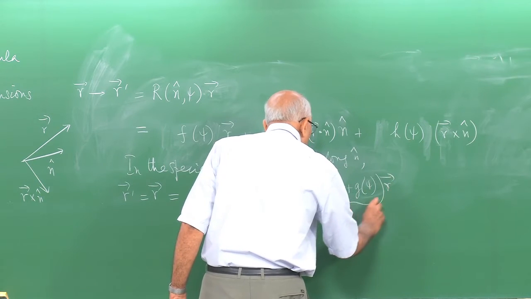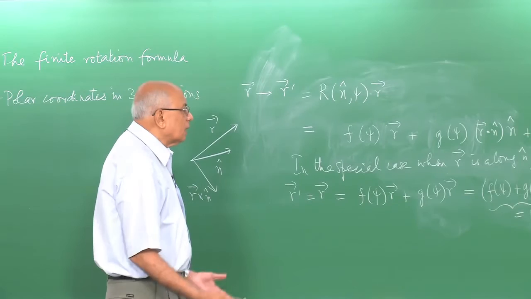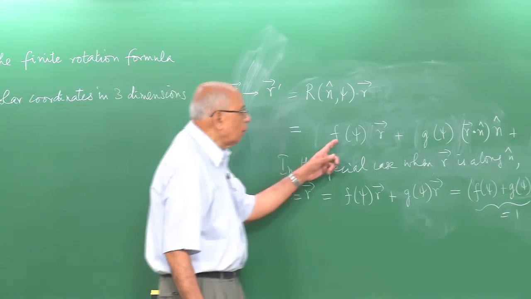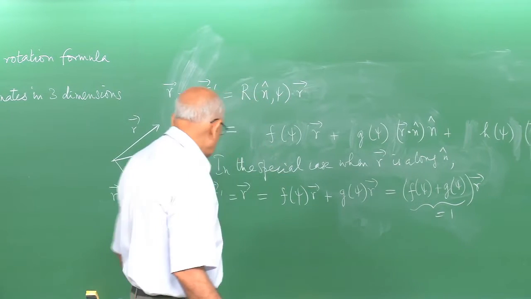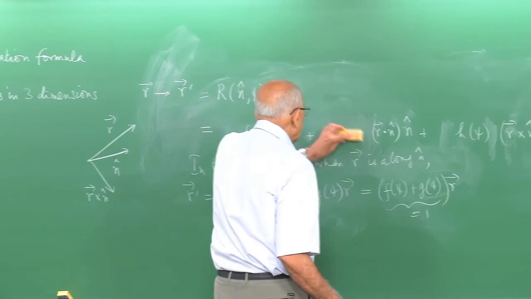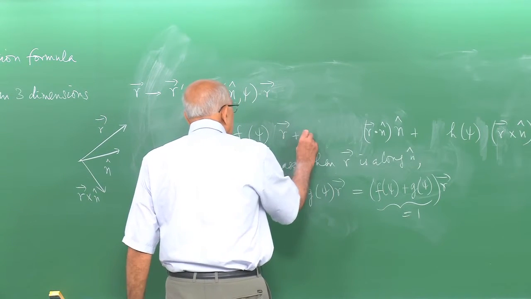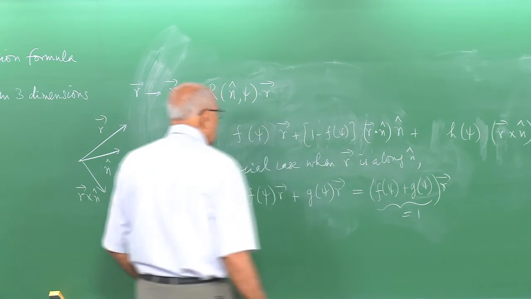And therefore this combination must be equal to 1. So in the general case, whatever happens, these two functions must be such that they add up to unity. So we can eliminate one of them and simply write the finite formula as plus 1 minus f of psi times that.